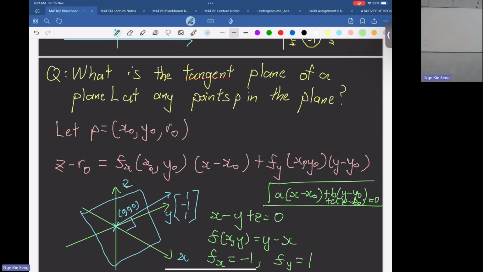But can you notice something? Let's say I want to find the tangent plane at (0, 0). What's the equation of the tangent plane? What do you get?